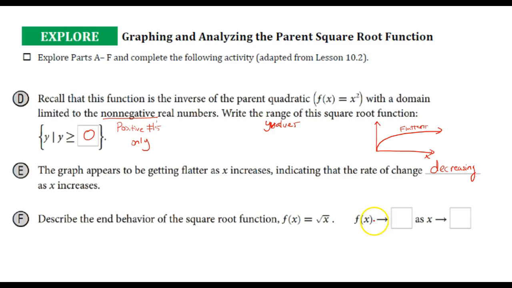So, as x grows to a certain value, f of x grows to a certain value.